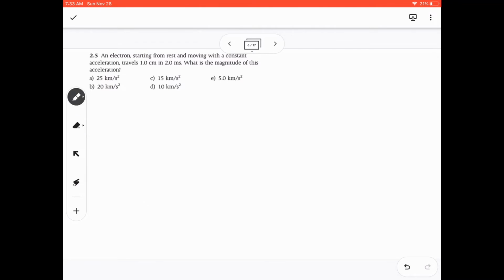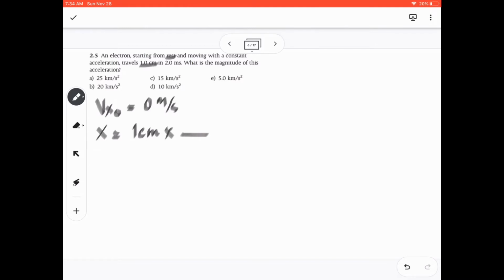So let's do that. We have Vxo, initial velocity here, because the electron starts from rest. So it's 0 meters per second. And then constant acceleration travels 1 centimeter. It means that that's your final position. X is equal to 1 centimeter. You're going to change this to kilometer.